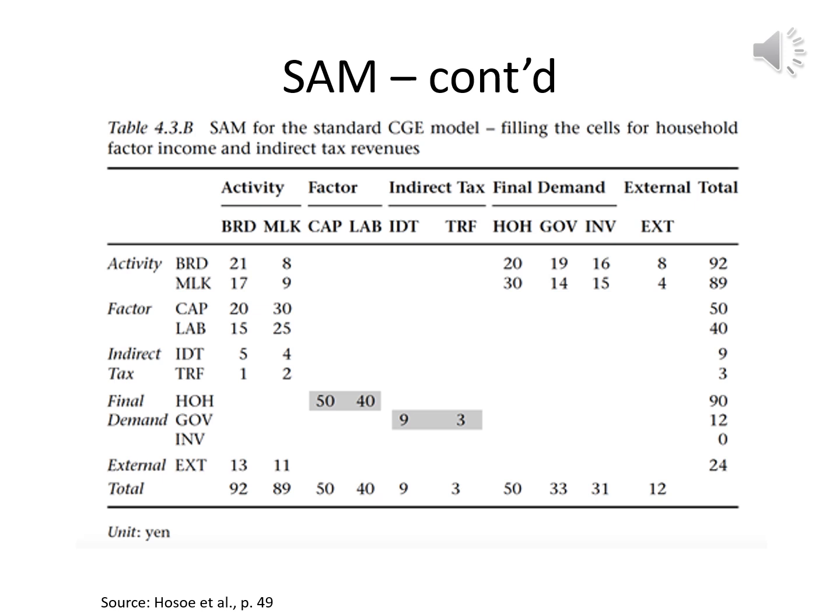Okay, now we have ensured that row sums and column sums are equal to each other for the activity, factor, and indirect tax blocks. So the left part and upper right part of the social accounting matrix are now balanced.